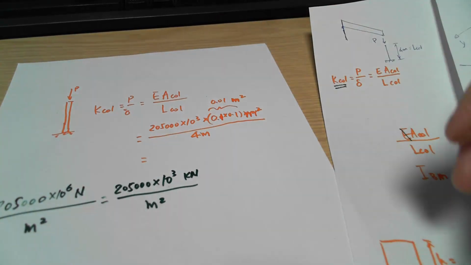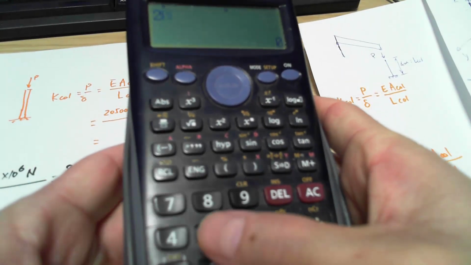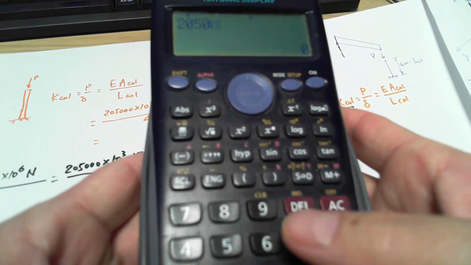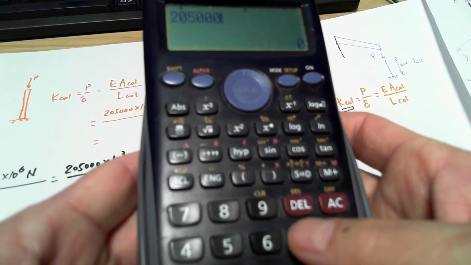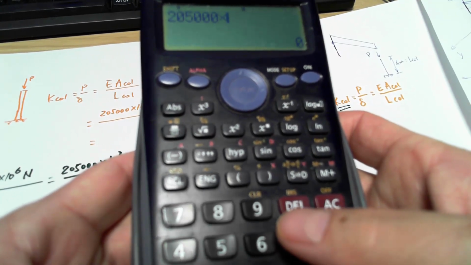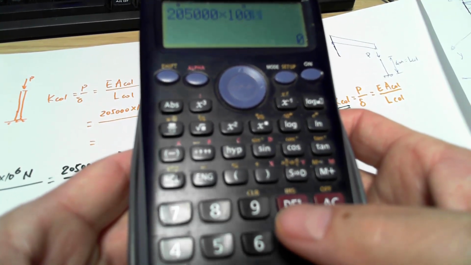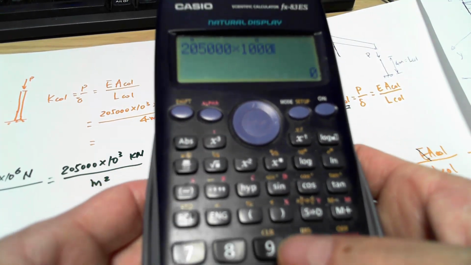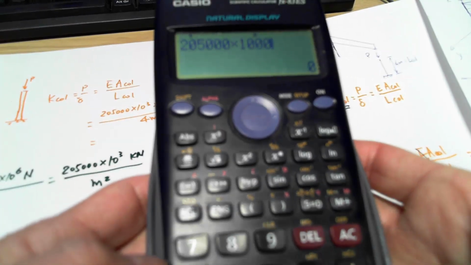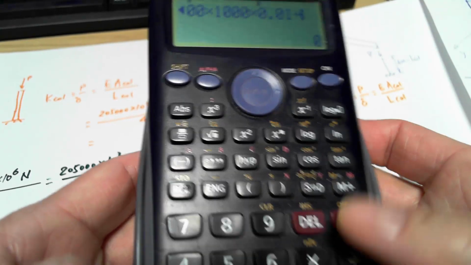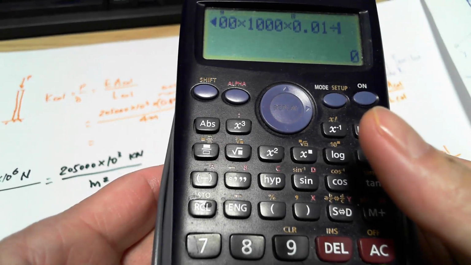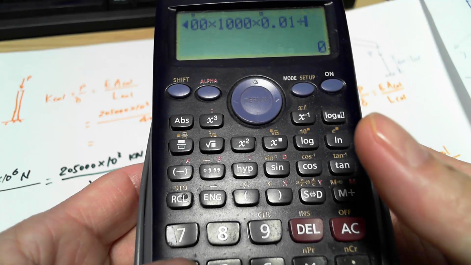Once you've done this, let's use a calculator to figure out what this number should be. This is equal to 205,000 times 10 power 3, and then times 0.01, and divide by 4 meter.